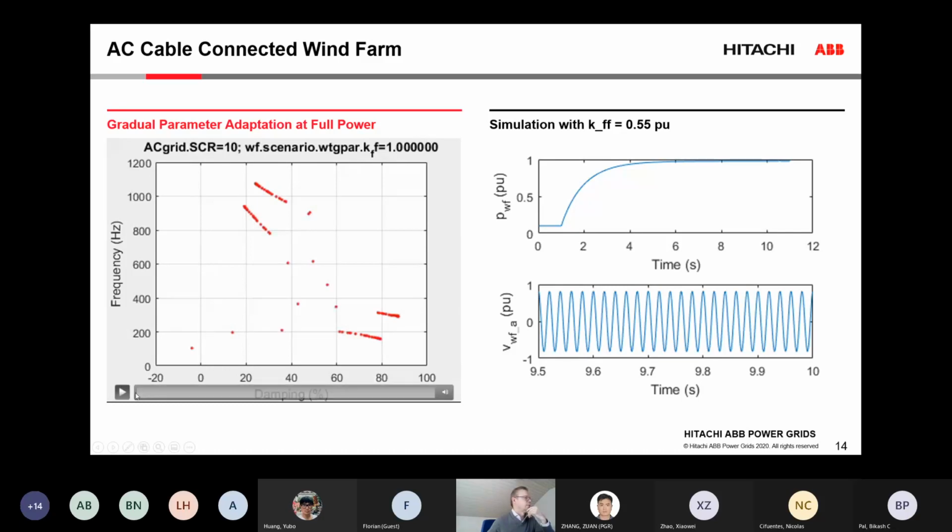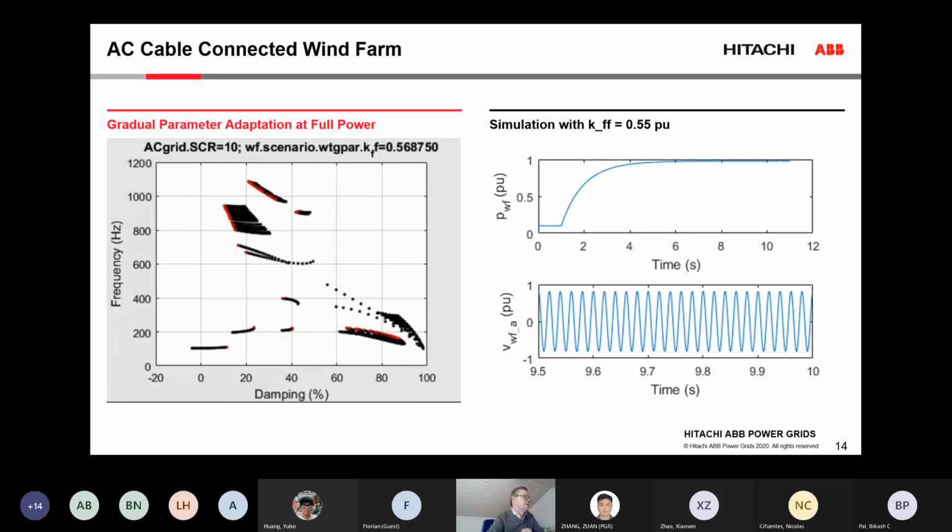So we start with 100%. We have here an unstable mode, and we can stabilize this mode. So based on the sensitivity, I calculated how much I need to change the feed forward gain to get a damping of about 15%.